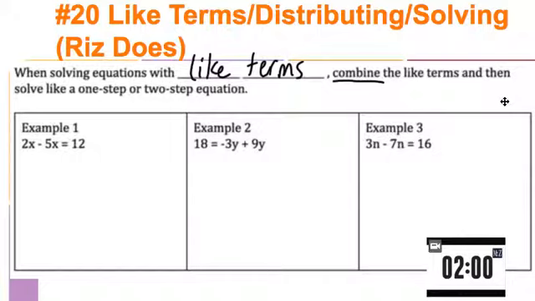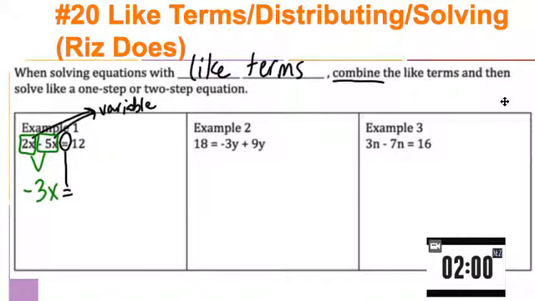The first thing that goes off in my head is I want to find the middle of my equation, which is the equal sign. Next thing is that I want to label my variable, which is x. Right? And you might notice that you actually see 2 different places where you see the x here. Now that's convenient because we just learned how to combine 2x and negative 5x. So 2x and negative 5x are like terms, so 2x minus 5x gives me negative 3x.